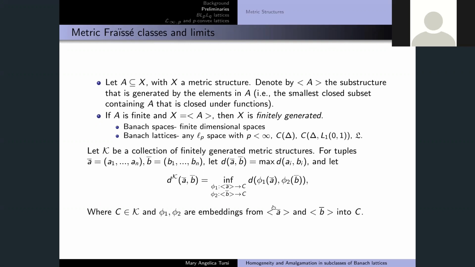It just means that you can have something that's infinite dimensional be very, very close to something that's finite dimensional, for instance, with lattices. But it gives you a sense of how closely elements are related to each other within this class.